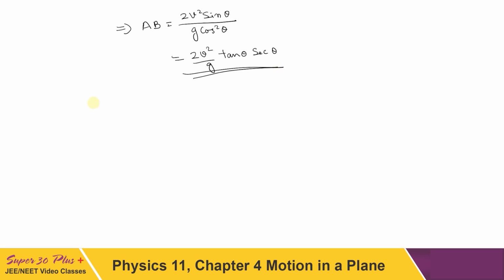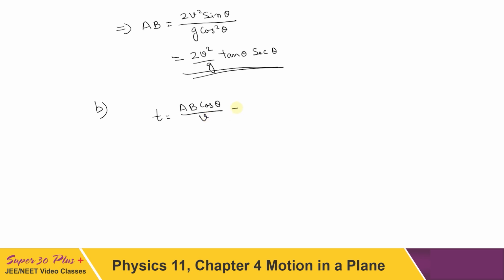The second one is the time taken by the projectile to hit the plane. The equation we had written already in the first part. You can recall, AB cos theta was written as v into t. So from there we can write t directly as AB cos theta upon v.